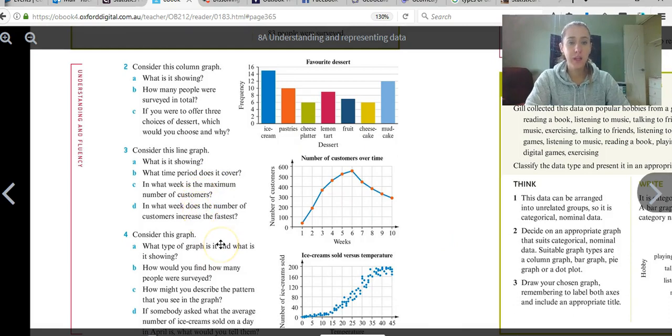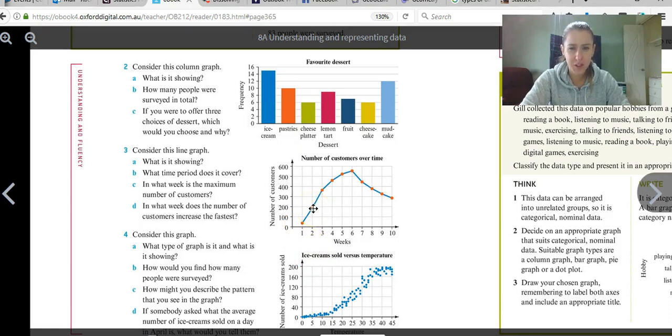So in what week does the number of customers grow the fastest? This comes back to the gradient, or steepness, of the line. Where the line is the steepest is going to be our greatest growth period in the number of customers. You would see from here we've gone from about 50 to 200.